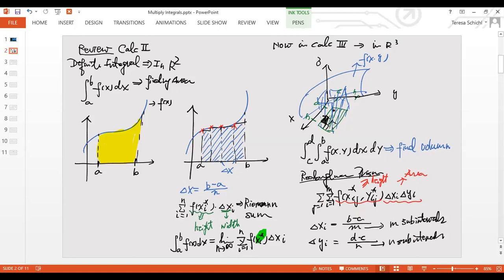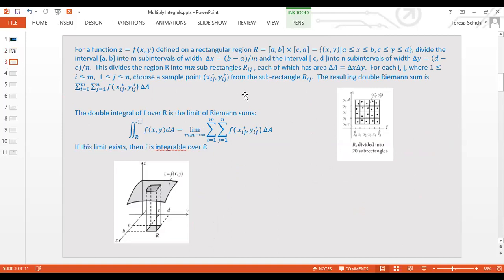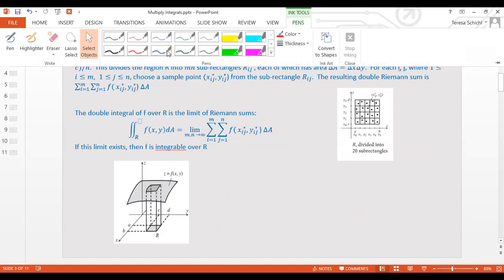If you add all these small boxes, it will be very close to the true volume. Now let's take a look at the definition here, which is the first one.